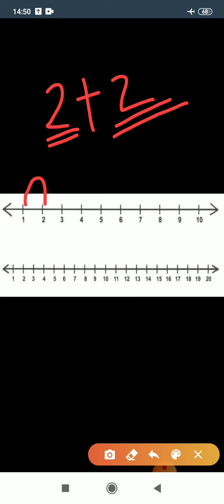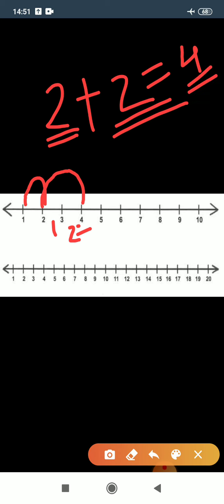For that 2 jump, that means from 2 to 4. So you can see here jump number 1 and jump number 2. So with the help of this number line we get the answer 4. Okay, without counting on our fingers we get the answer 4.